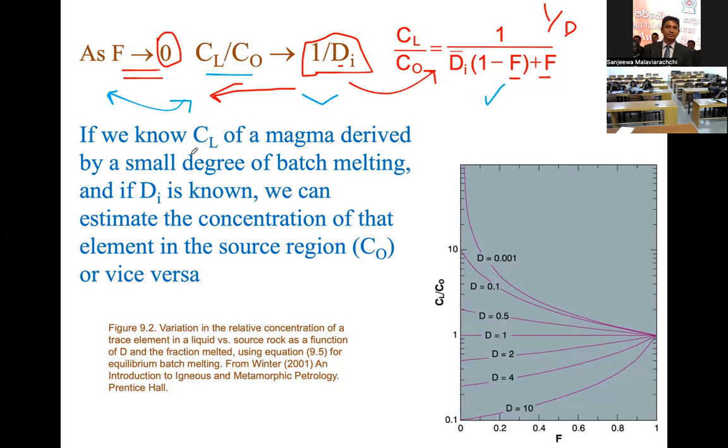But the idea is, if we know Cl of a magma derived by a small degree of melting, right, if we know this value of a melt produced, and if D is known by experiments, what we can do is estimate the concentration of that particular element which was available in the source region. So that is the idea behind simplifying this one.